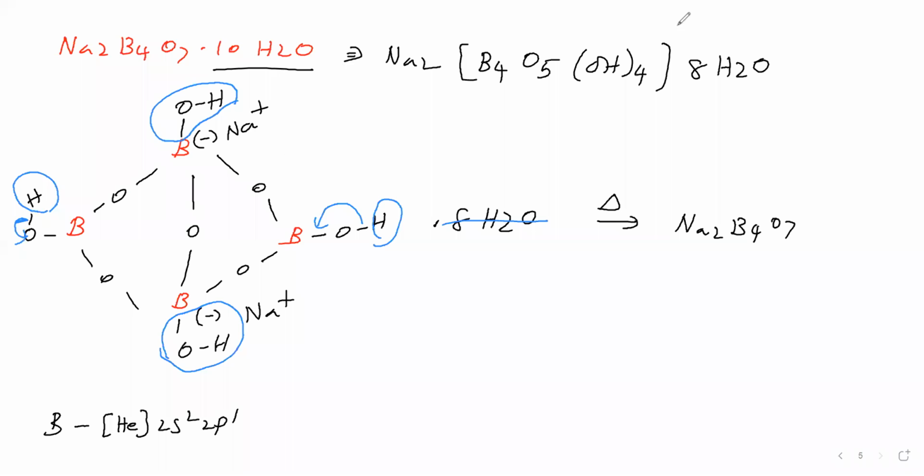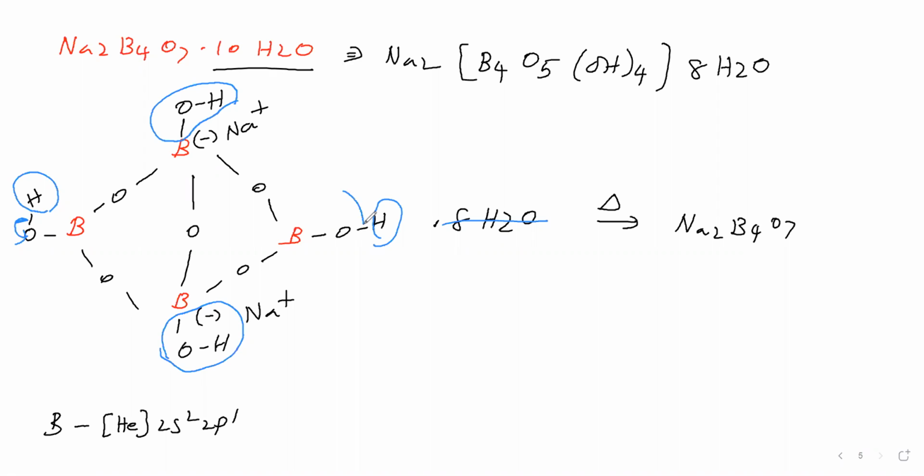Now here you see that we are heating this borax. How many water molecules come out, we will see. From here 8 water molecules. Then you see this O takes this bond and becomes OH minus. This bond migrates towards this oxygen and becomes H plus, that hydrogen.